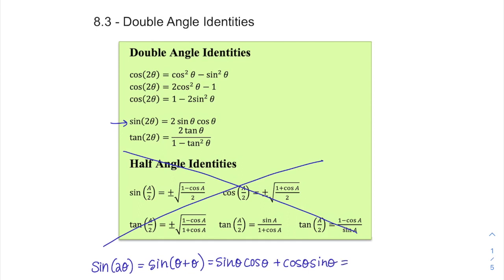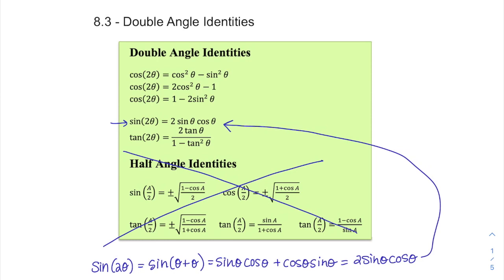Well, those are the same thing. And so really what I have is 2 sine theta cos theta. So our formulas are all just manipulations of your sum formulas that you saw in the orange box.